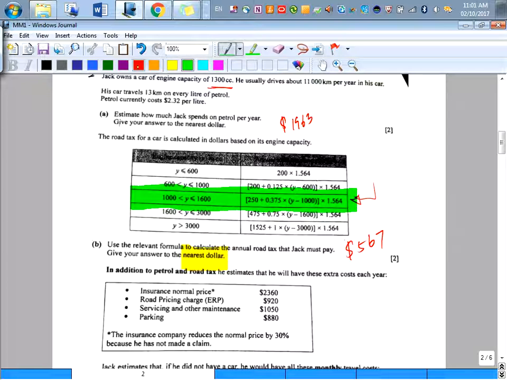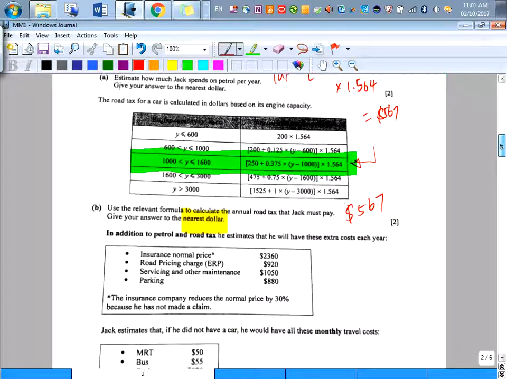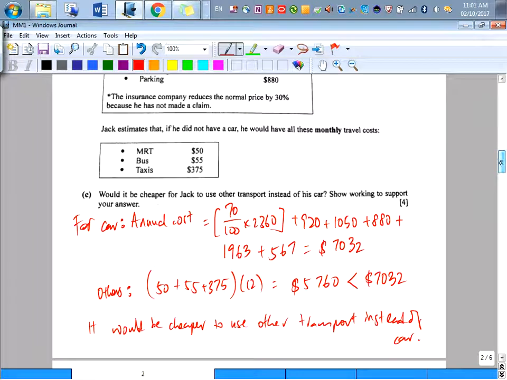Then now, the tax will be equals to 250 plus 0.375 times 1300 minus 1000. Then the whole thing is multiplied by 1.564. Then you get 567. What do you do? Okay. So careless mistake. Any more issues, questions for this?